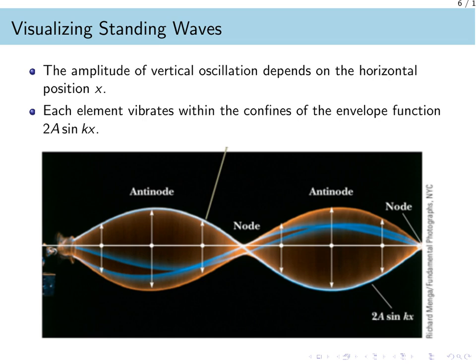The points where the string appears to stand still and the envelope width is 0 are the nodes. The regions where the vertical oscillation is at its widest point are the antinodes. While the entire pattern has a stationary outline, every part of the string between the nodes is moving up and down with an amplitude that depends strictly on its horizontal position x.